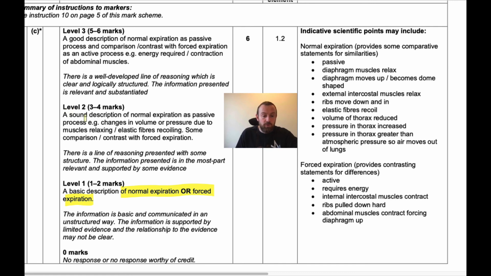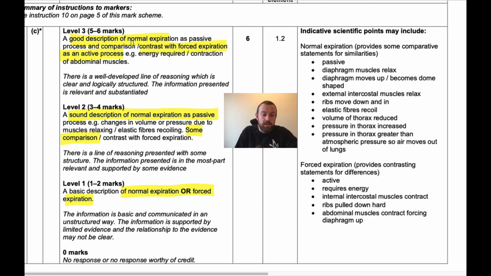Level 2, 3 or 4, a sound description, so detailed, of normal expiration as passive, and then some comparison. So you've described well one of the processes, and you've started to really address the question, which was to compare and contrast. But then for level 5 and 6 at the top here, you need to really answer the question: a good description of normal expiration, and a good contrast with forced expiration as an active process.